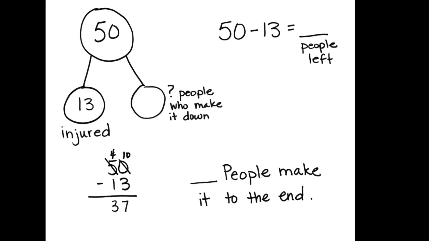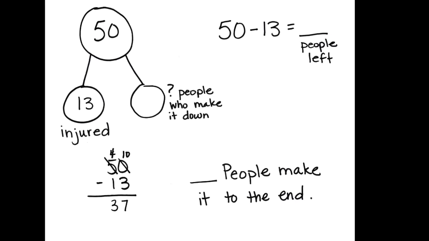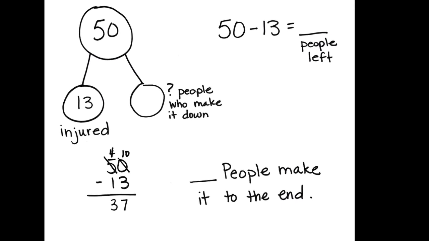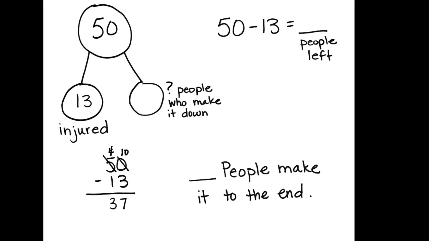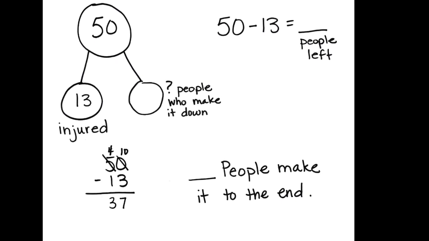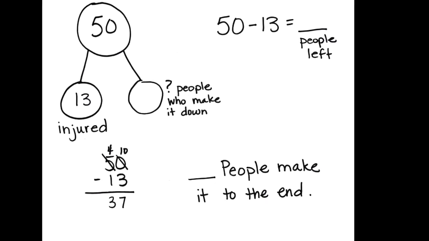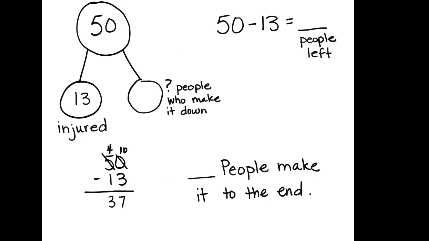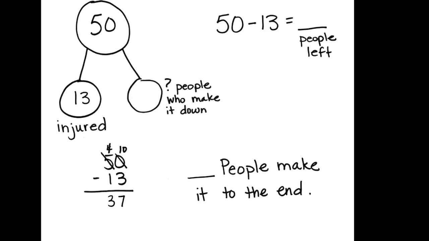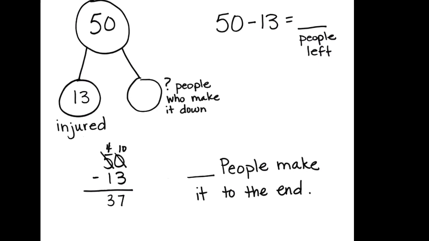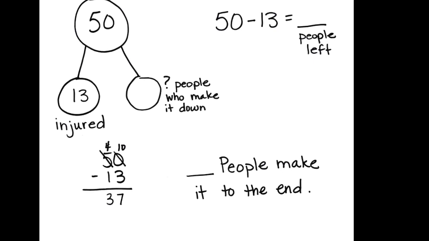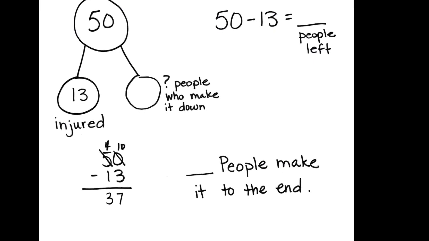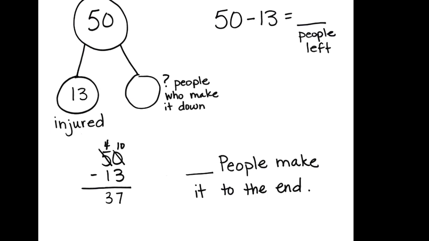In my vertical form equation, I have 50 minus 13. And so I need to get some ones from the tens place to be able to subtract the 3 ones. I can't subtract them from 0. So once I ungroup one of the 5 tens to make 4 tens, then I can put 1 ten over in the ones place. So 4 tens, 10 ones is just renaming 50 another way.